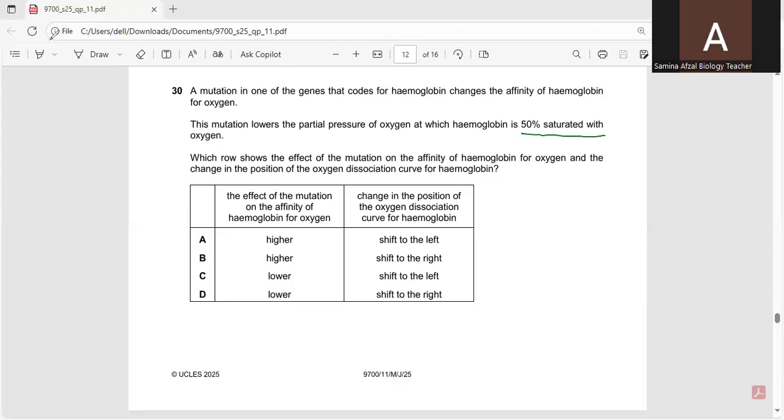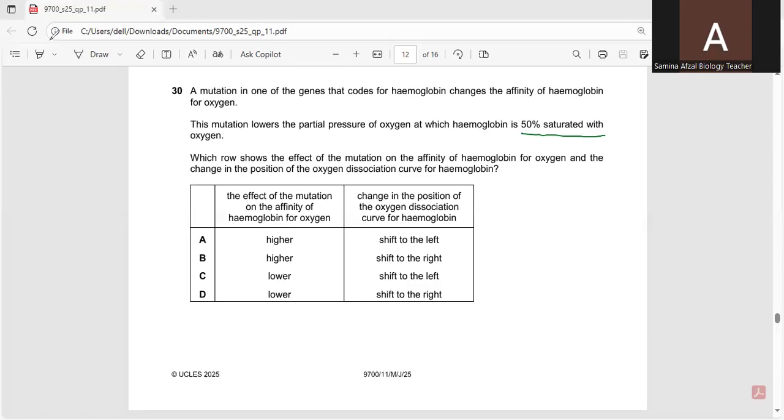So oxygen is dissociated from hemoglobin when it reaches the surrounding tissues, where there is a lower concentration of oxygen. Also, high carbon dioxide reduces blood pH, which in turn lowers hemoglobin affinity.